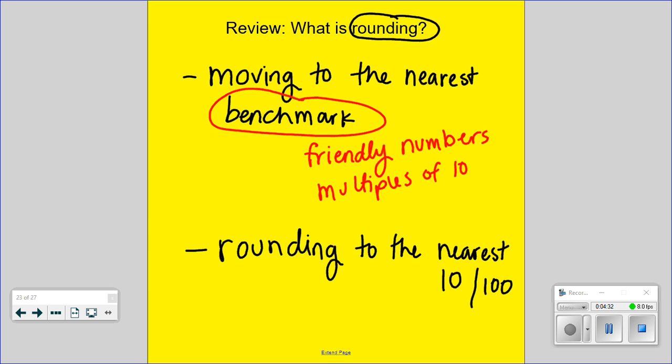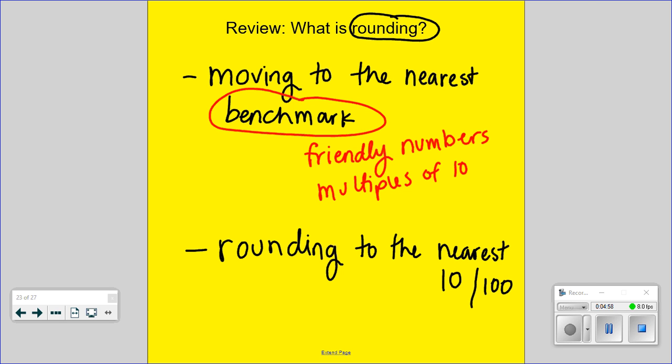Ethan? 100. 100 numbers, because I've got to get to the closest one. Liam, if I'm rounding to the nearest 10, how many numbers on my number line? 10. Very good.